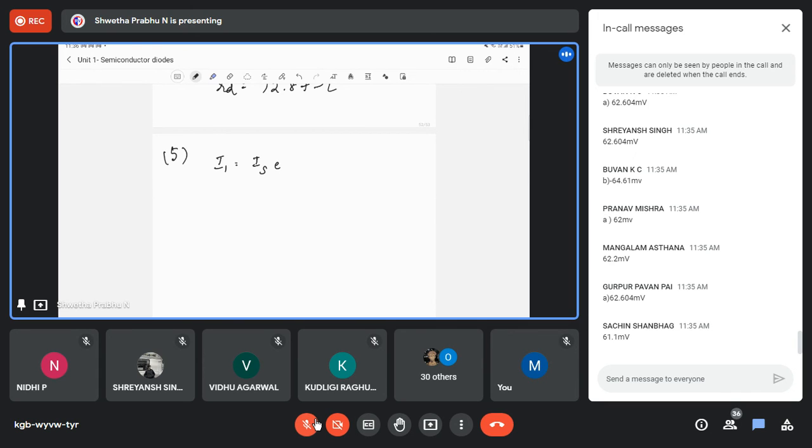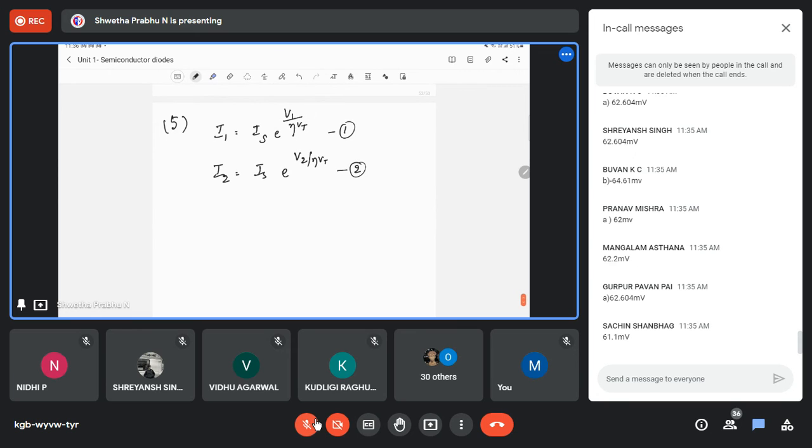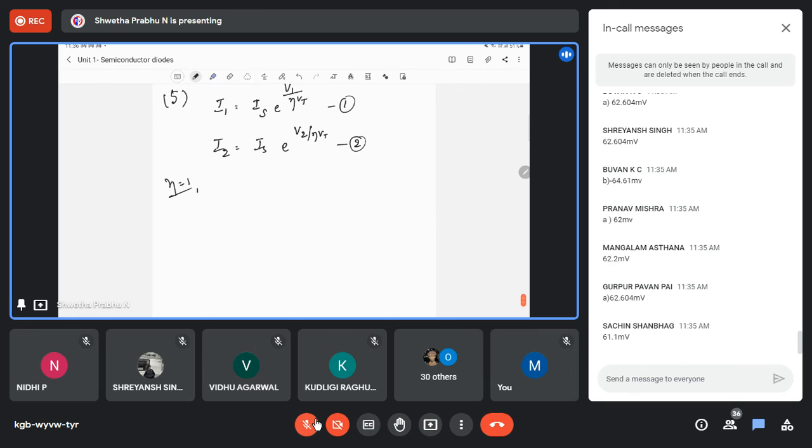Just have a look at this. I1 equals Is into e raised to the power V1 divided by eta Vt. Next, I2 equals Is into e raised to the power V2 by eta Vt. I'll consider eta to be equal to 1 because they haven't specified it in the question.